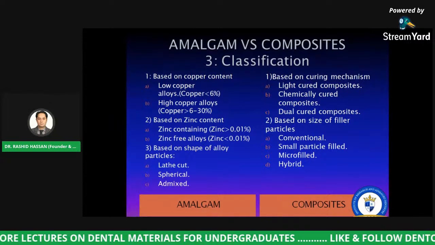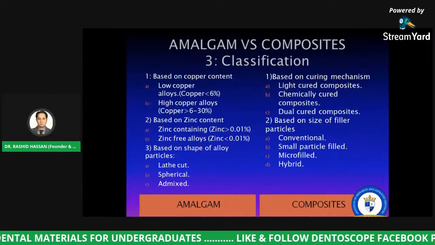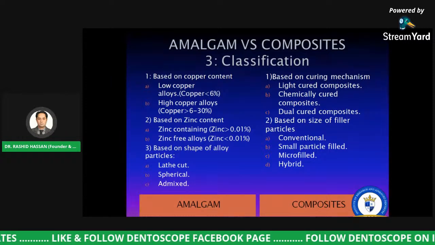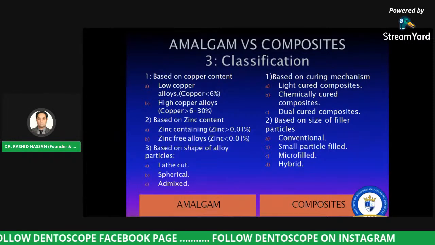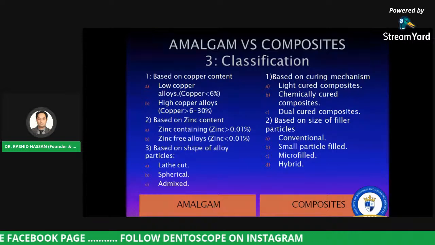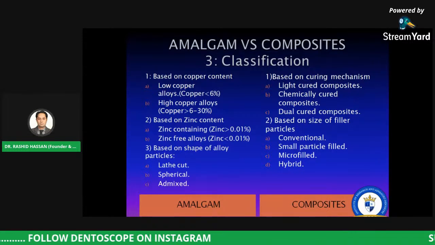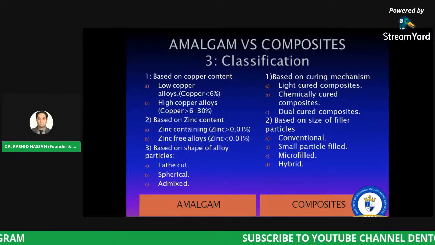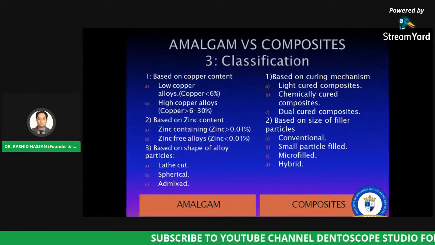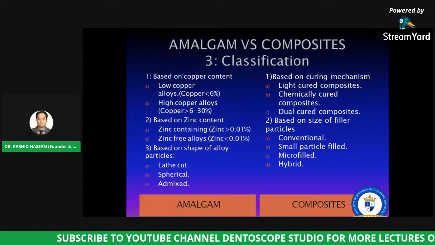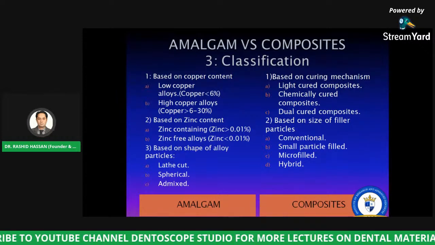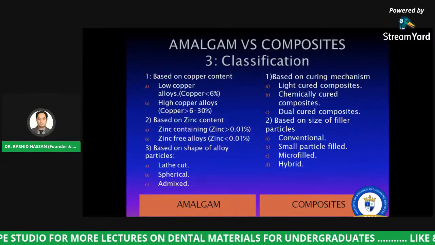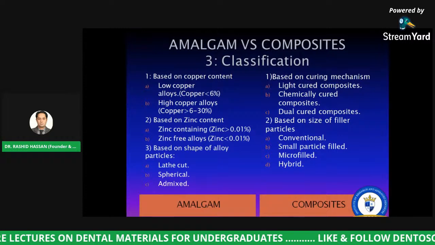If the amount of zinc is less than 0.01%, then you call it non-zinc containing or zinc free dental amalgam. So that's the difference of this classification when it is based on the zinc content in the dental amalgam.